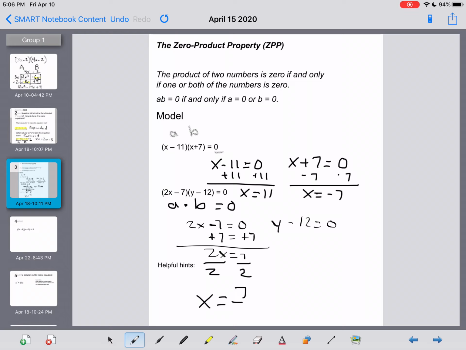Honestly, it's okay to write it as an improper fraction. We could just say 7/2. Over here, we add 12 to both sides. And we get y equals 12. So, in this case, our solution is x equals 7/2 and or y equals 12.